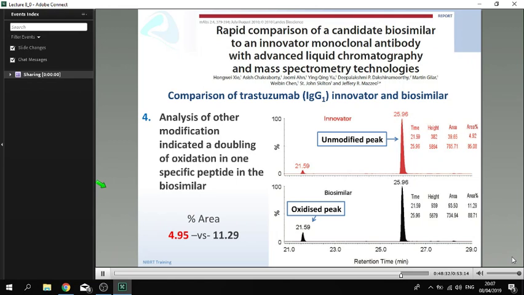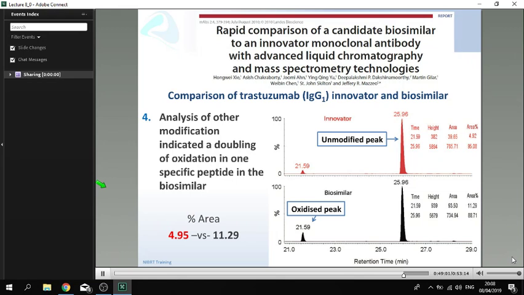In the innovator, the oxidized species had a percentage area of only 4.95, while in the biosimilar there was a bit more, around 11.29% of oxidized amino acids. So there was a slight difference in these kinds of modifications as well, which again you are able to see using something like mass spec and HPLC.